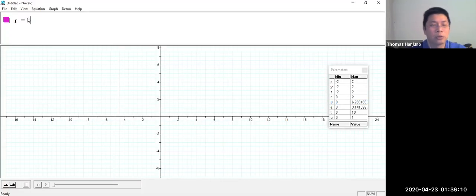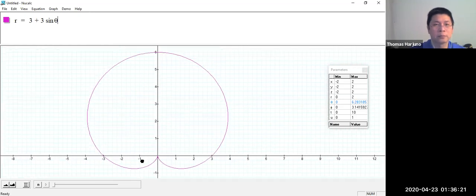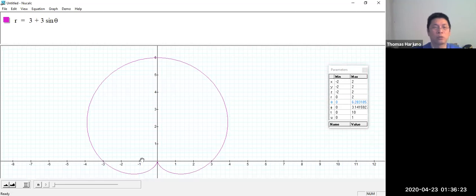Okay, so 3 plus 3 sine theta. We know this will be symmetric with respect to the y-axis. That's what it looks like. Because the constant and the coefficient are exactly the same, the radius is possibly zero at some theta, and therefore it touches the origin.